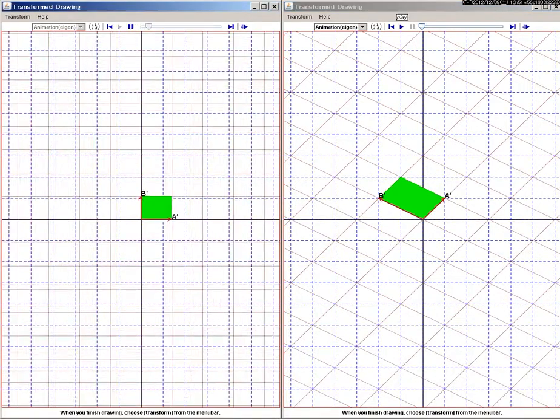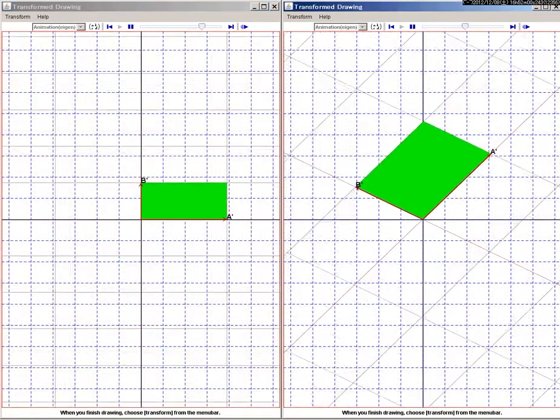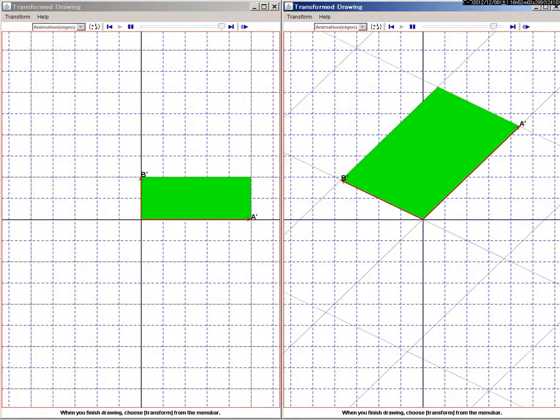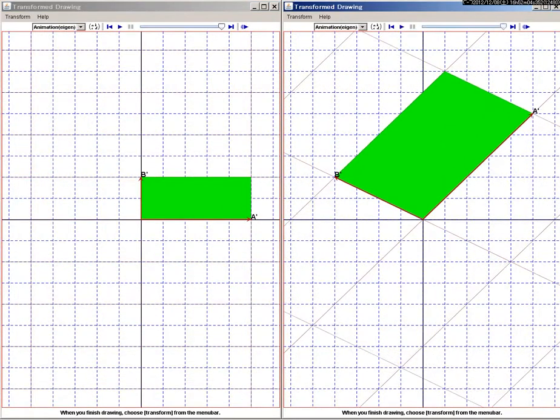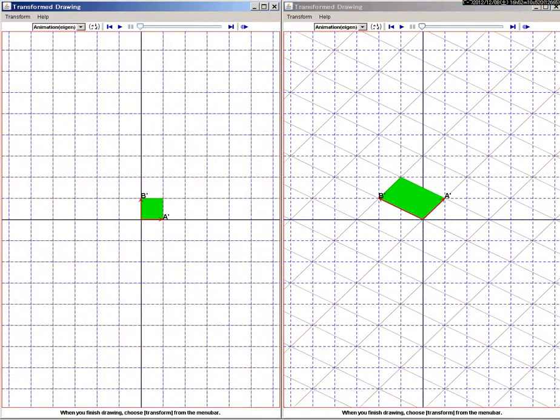So let's compare. The left side is by A and the right side is by B. You can delete the orthogonal grids.